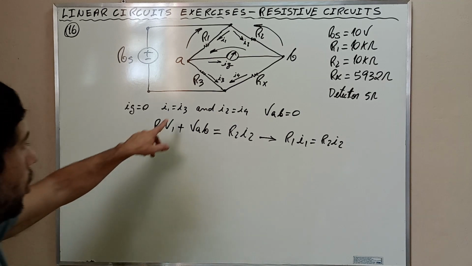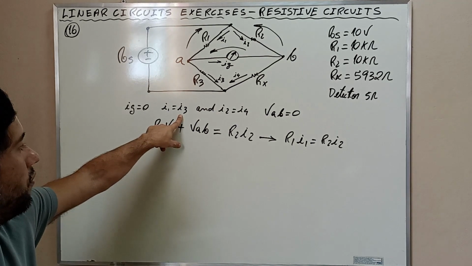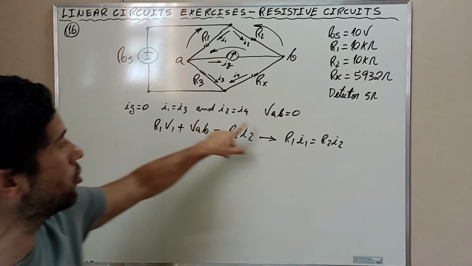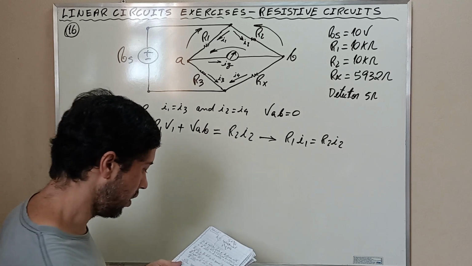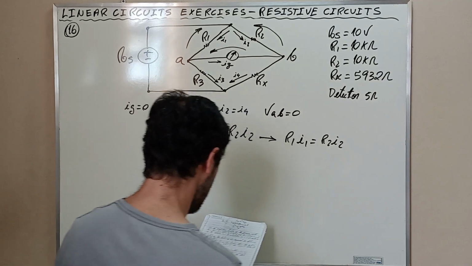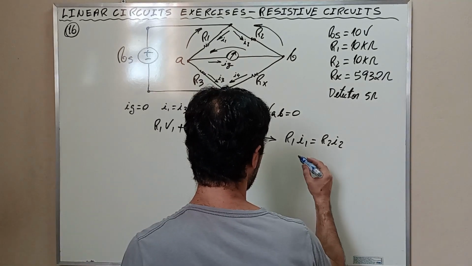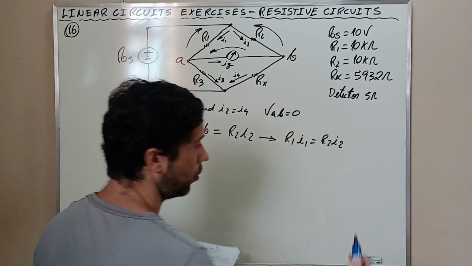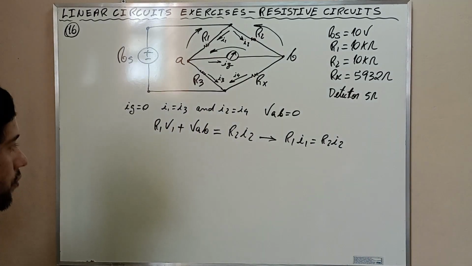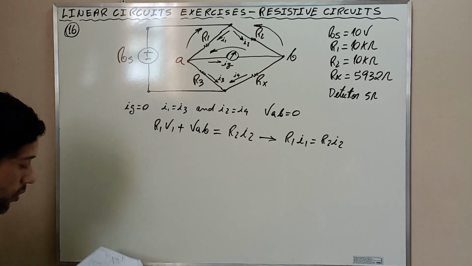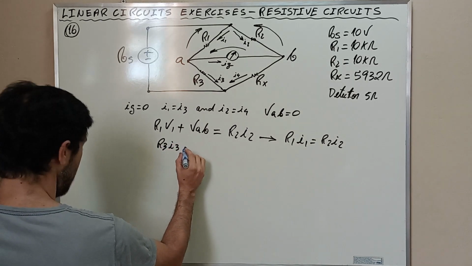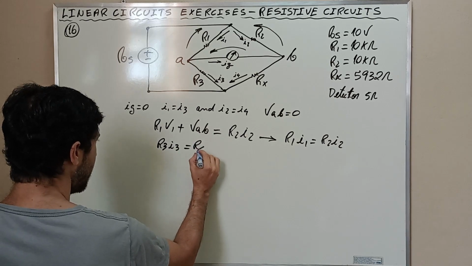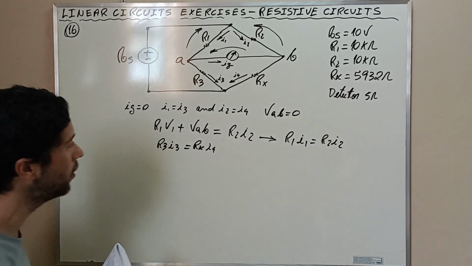And observe here that we found that I1 is equal to I3 and I2 is equal to I4, and in this way we find also that R3 times I3 is equal to Rx times I4, okay?